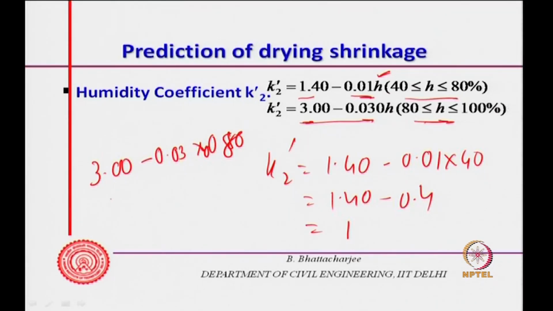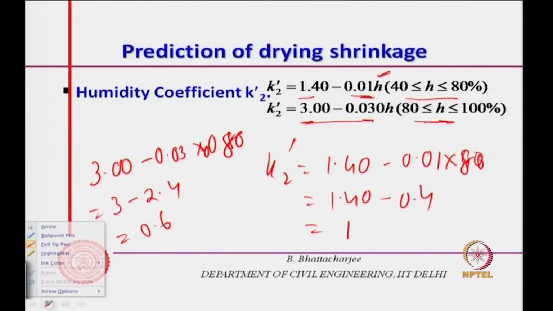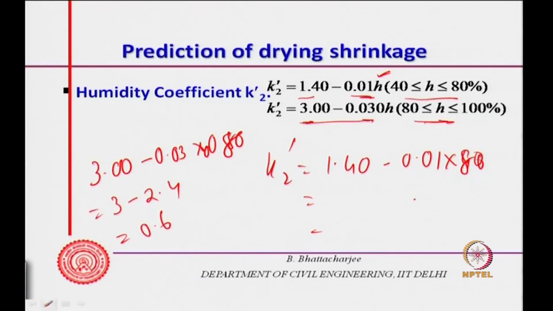So, from this formula, I get 3 minus 80 into 0.03, which is 3 minus 2.4, which is 0.6. And if I put 80 in the other formula, 1.40 minus 0.01 into 80, that is 1.4 minus 0.8, which will be 0.6 again.